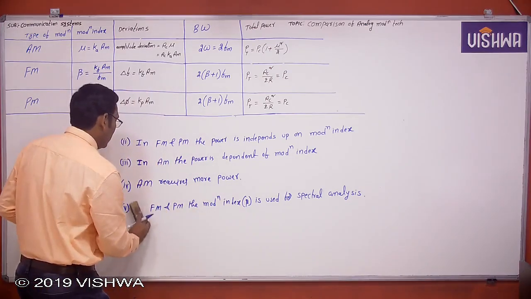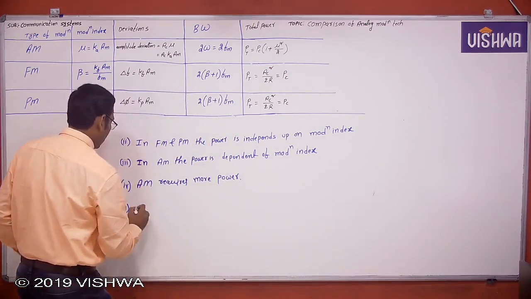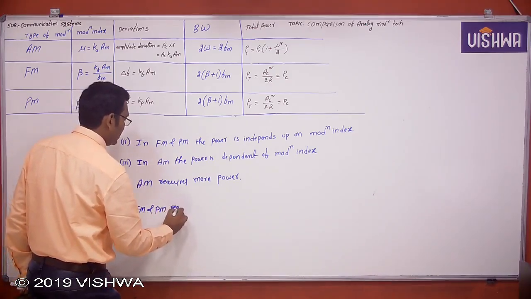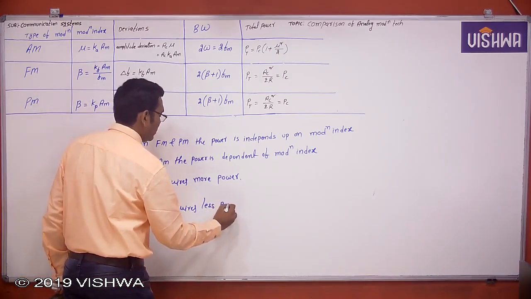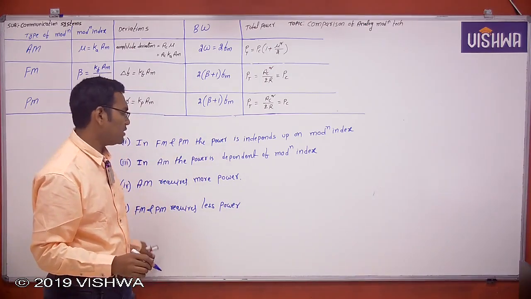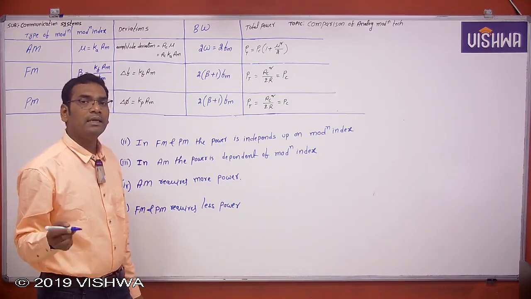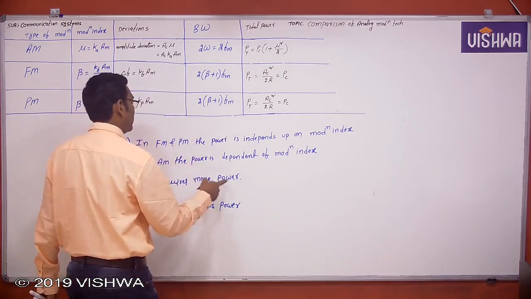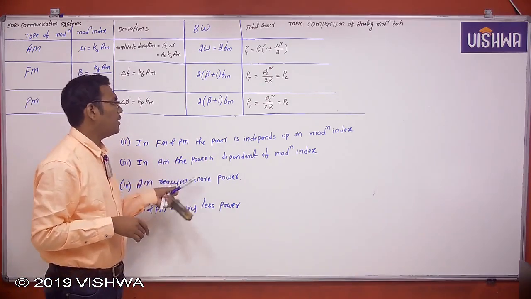So FM and PM require less power because the envelope is not changing. Carrier before modulation and carrier after modulation is the same, therefore the total power required to transmit the FM and PM signal is the same as that of the unmodulated carrier. AM requires more power. Now this is a comparison with respect to powers.